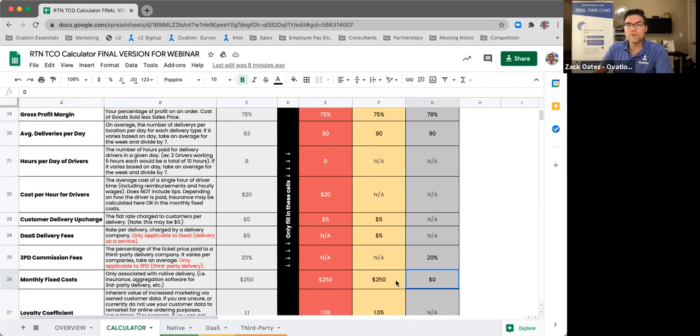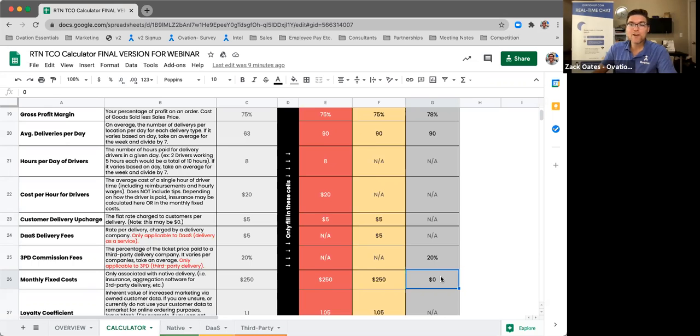So you can factor those in for each scenario, and really to evaluate what it is to get a full picture, you probably can assume that there's going to be technology that you're going to use across the board that we have factored out, such as point of sale that you're going to need regardless. So that way it's looked at, what technology do I need just to do native, just to do delivery as a service, just to do third-party delivery.